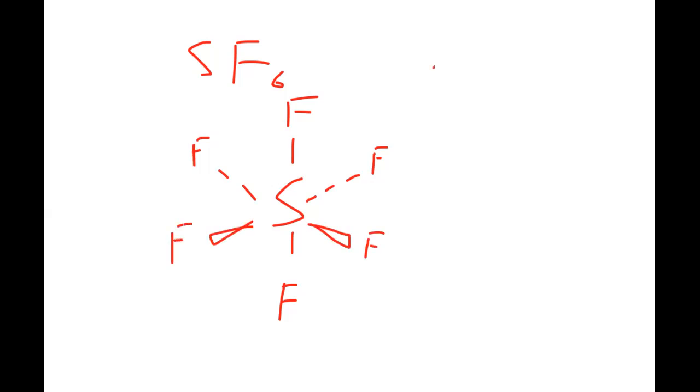This structure is called octahedral. Angles over here are all 90 degrees. So for example, this angle is 90 degrees. This angle is 90 degrees. This angle is 90 degrees.